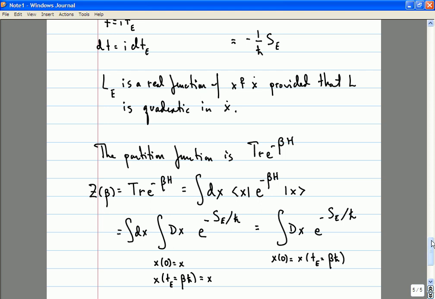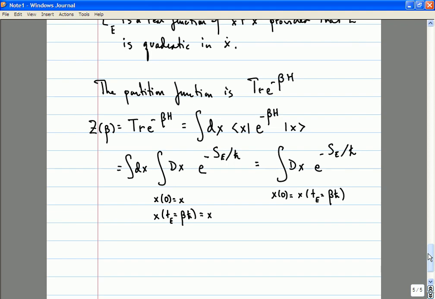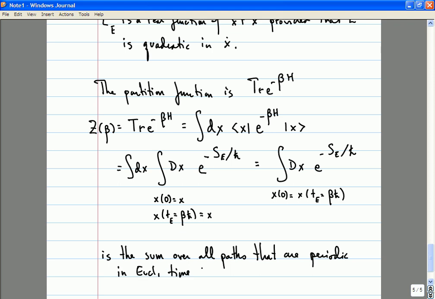So the partition function is the sum over all paths that are periodic in Euclidean time. And this actually gives an extremely useful approximation scheme.